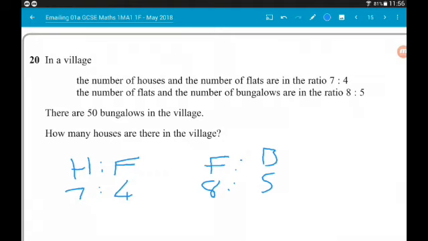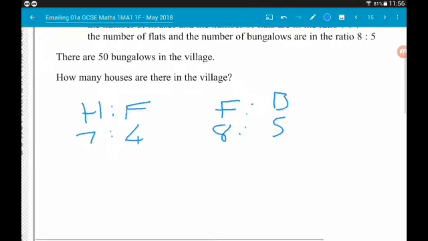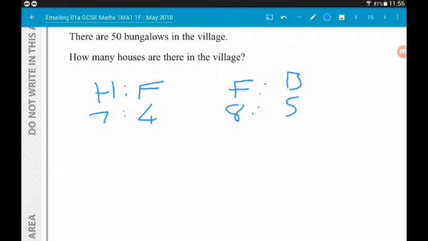So I'm going to do this by combining these two ratios. Now I've got a video on that. I'll put that down below in the description. So the key to combining ratios is the part of each ratio that pops up in both of them. So here, both ratios contain flats. So what we need is to make that part of each ratio the same number.